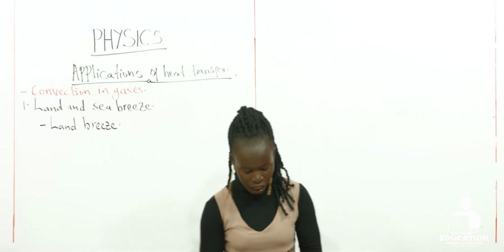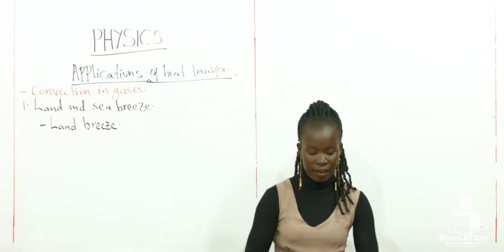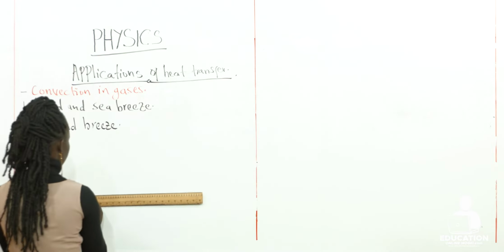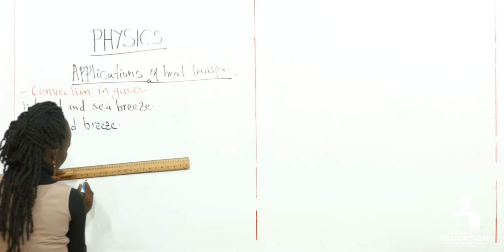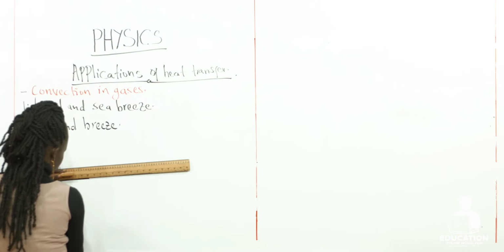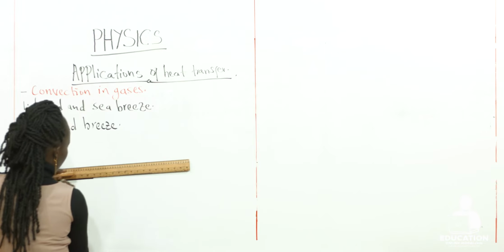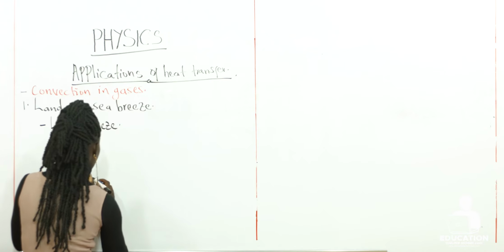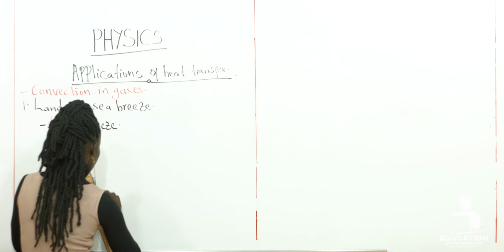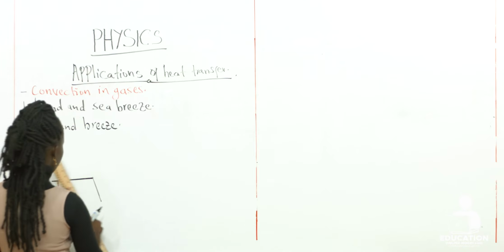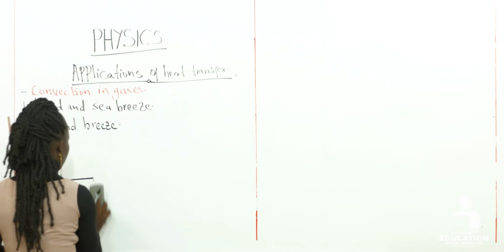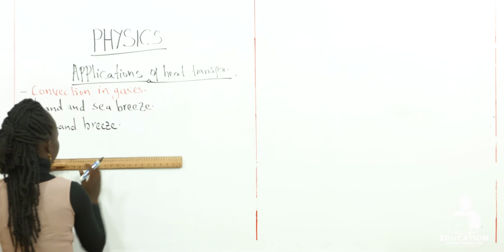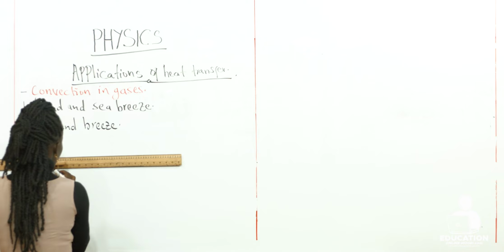Let's have a simple diagram of the land and the sea. Our land is higher than the sea. They are not at the same level. Land and any water body are not always on the same level, meaning one should be higher than the other, and the other one is lower.